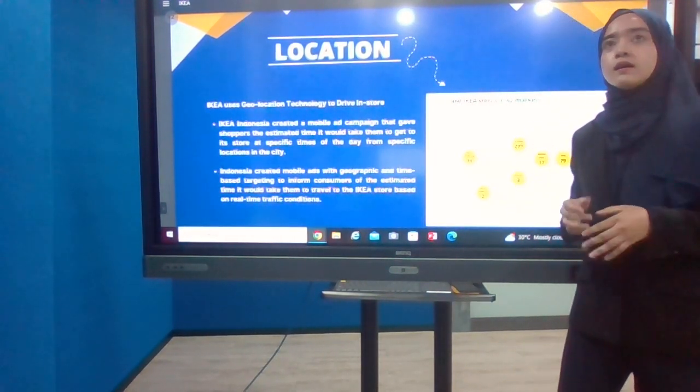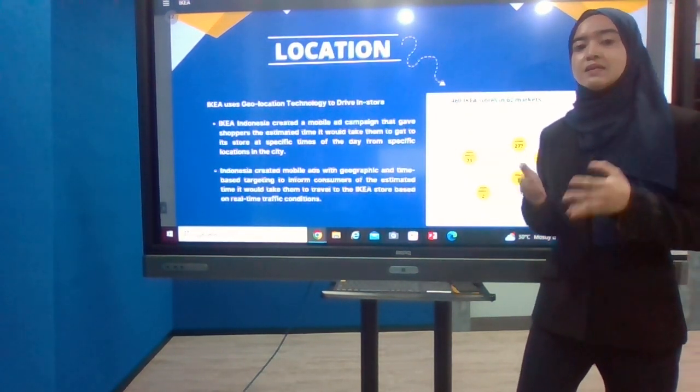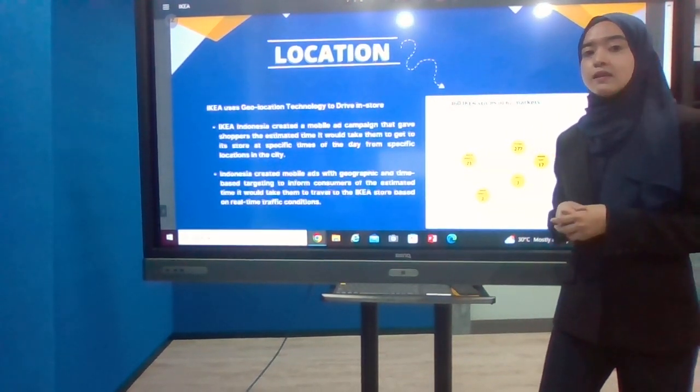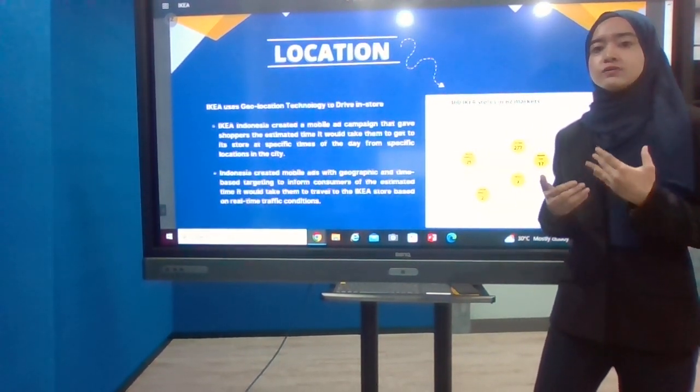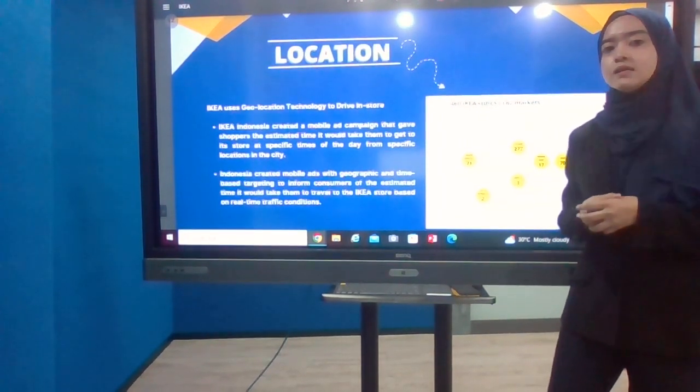And also, Indonesia created the mobile apps with geographic and time-based targeting to inform consumers of the estimated time it will take them to travel to the IKEA store based on real-time traffic conditions.